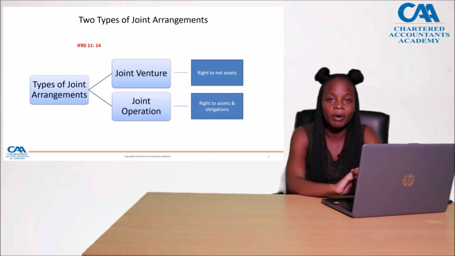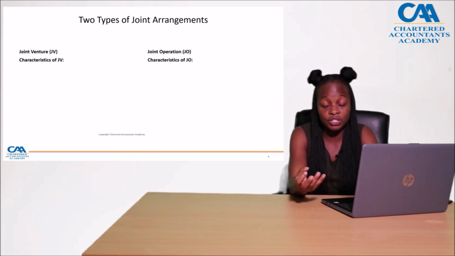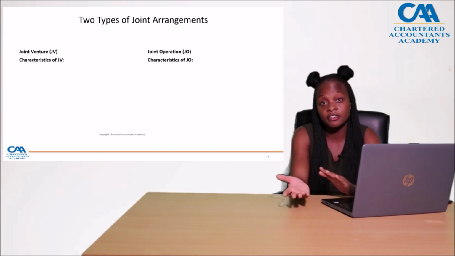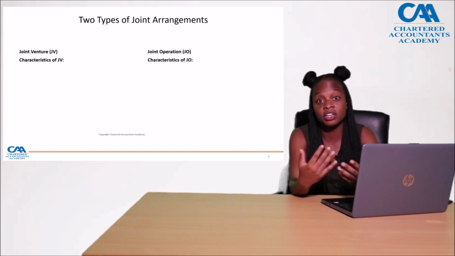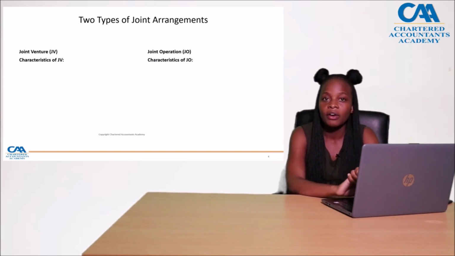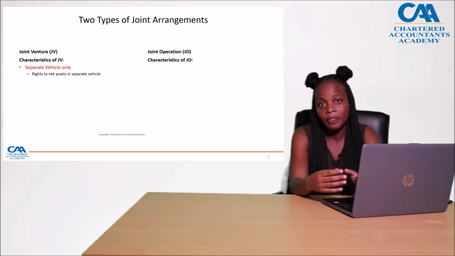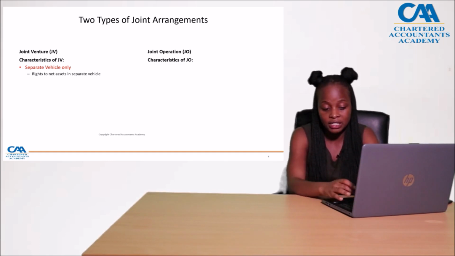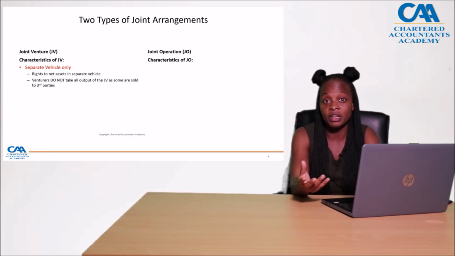So I want us to get into those rights and obligations you need to consider when classifying your joint arrangement as either a joint venture or a joint operation. Joint ventures have to be structured through a separate vehicle, and, like we identified earlier, the parties have rights to net assets. But you also need to consider the output of the arrangement.